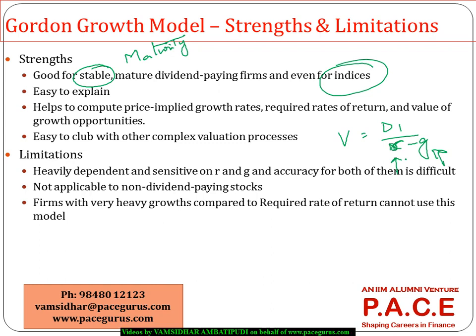But in reality, depending on where the company is in the industry life cycle, it may grow extraordinarily for the next few years and after that stabilize in its growth. So it is not expected that it will grow at a constant rate from the next period itself. For those kinds of firms, you cannot directly use the Gordon growth model.